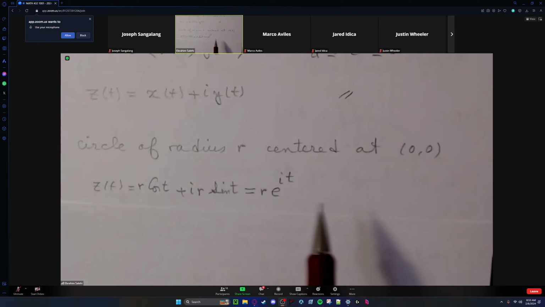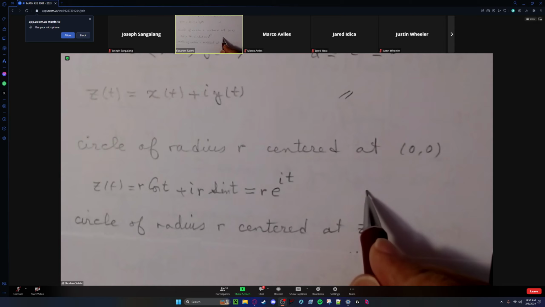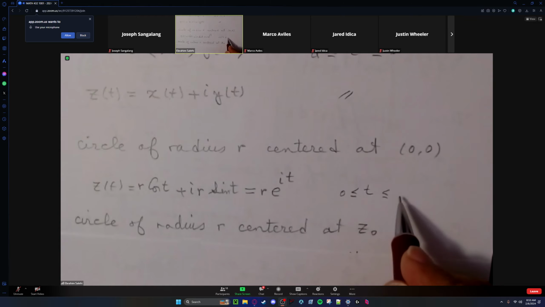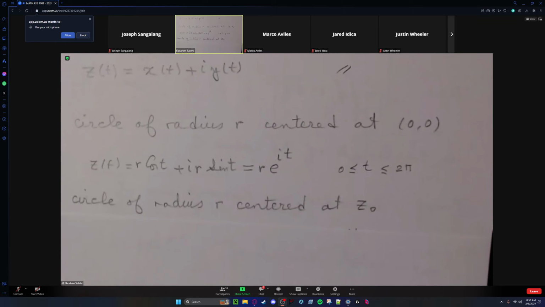So when t goes from 0 to 2 pi, you will cover the whole circle, all right? Depending on which part of the circle you want to cover, if you want to cover just the portion in the first quadrant, then t will go from 0 to pi over 2, and so on.